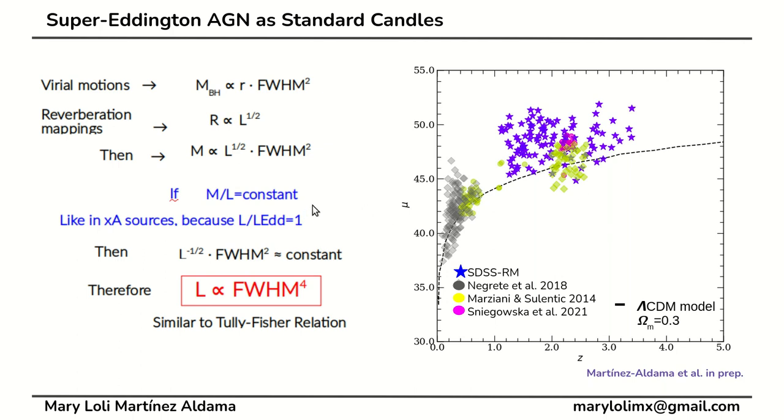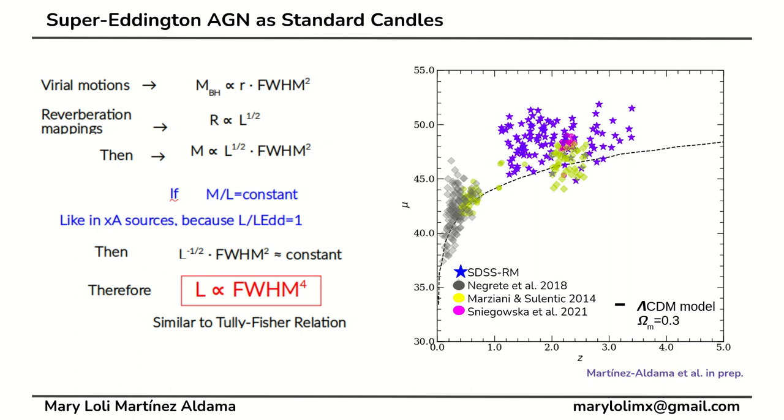Another thing that we can do with the Super-Eddington AGNs is to use them as standard candles. A standard candle is a source for which we can determine the flux or the luminosity independent of redshift, and it is quite crucial for cosmology because if we can determine the distance to the source by observing one parameter for one object, for example supernovae or Cepheids, we can estimate the distance and then make cosmological analysis.